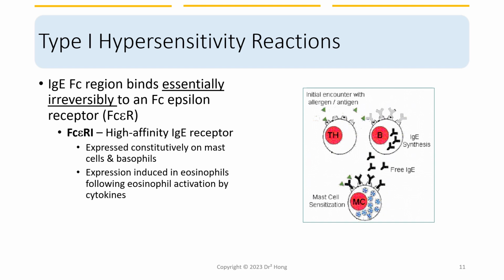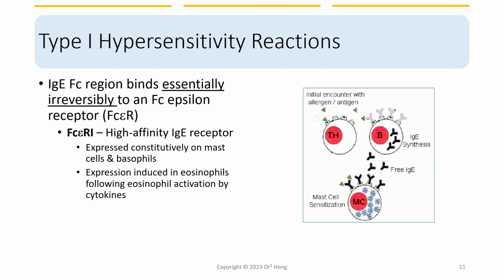The Fc region, or the constant region of IgE, is the portion of the antibody that binds to cells, binding to special receptors on the surface of mast cells, for example. These special receptors are called the Fc epsilon receptor, which has a high affinity for IgE.